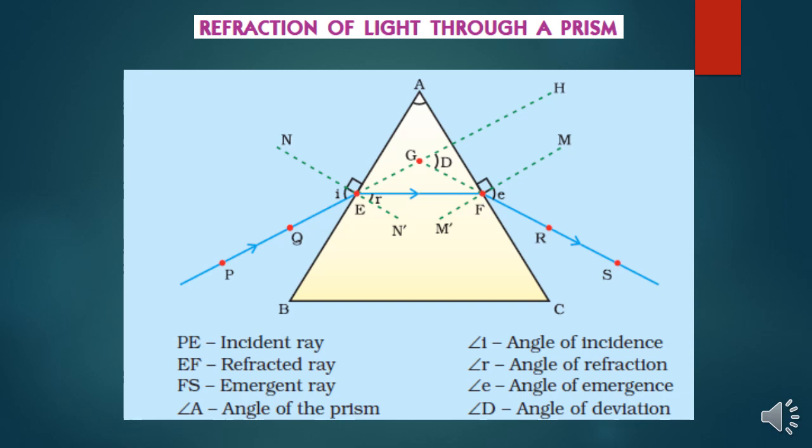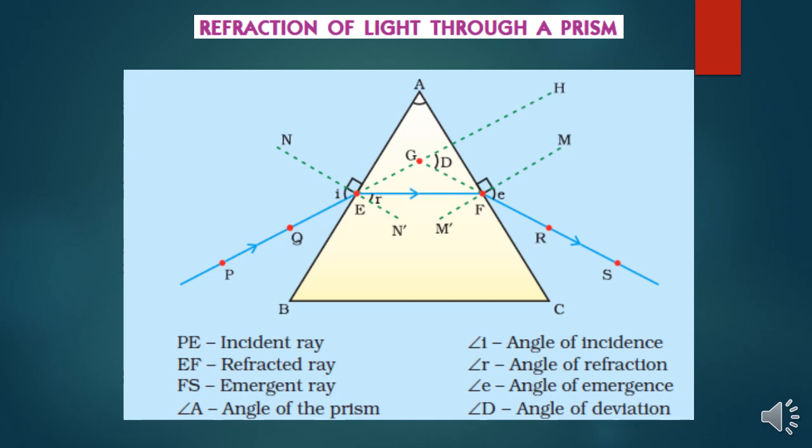If there was no refraction, then this ray would have moved straight and continued along the path P, Q, G, H. But as I said, at point E the medium changes. So there will be bending of this ray of light, and you will find EF, which is the ray that got bent, which we know as a refracted ray.